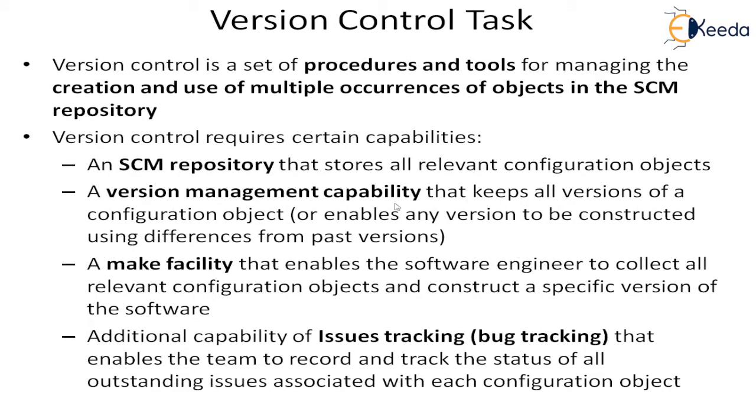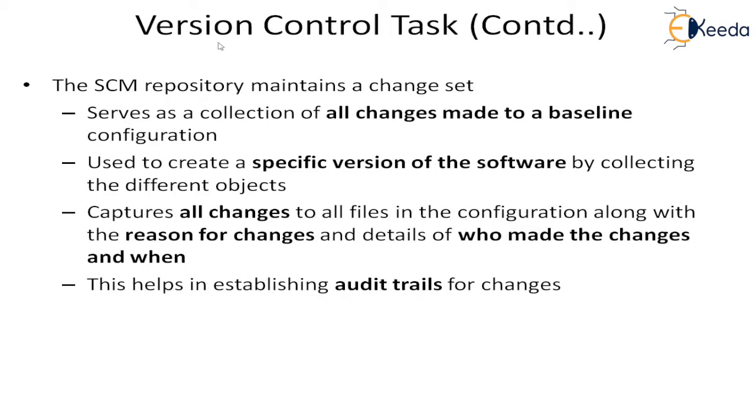The version control capability must match the SCM repository capability. The repository should be able to create a specific version, and it captures all changes to all the files in the configuration, along with the reasons for change and details of who made the changes and when.